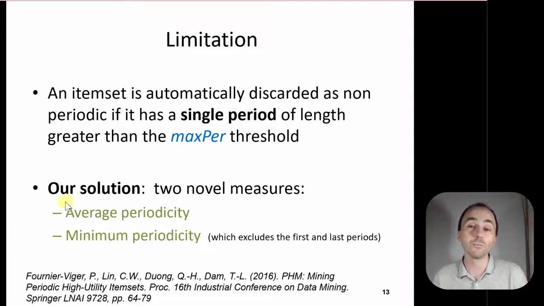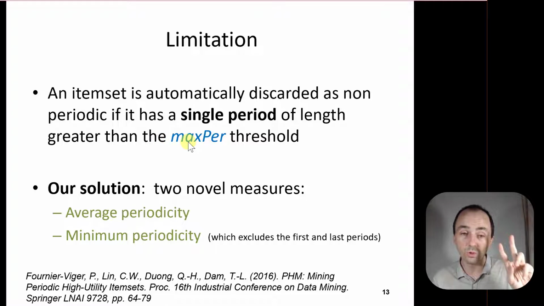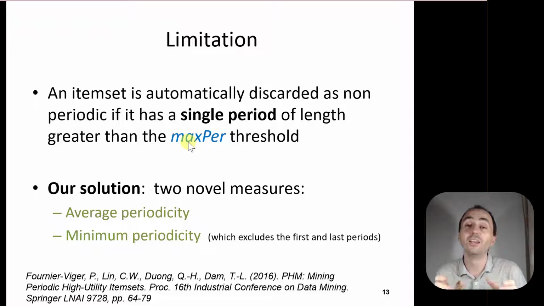So if you set the maximum periodicity to 2 and an item set appears after 3, just a little bit more than 2, it is automatically eliminated. But in real life, maybe a pattern is always periodic, but only one time it is more than 2, and then it is discarded. So this is too strict. We propose in this paper another solution.